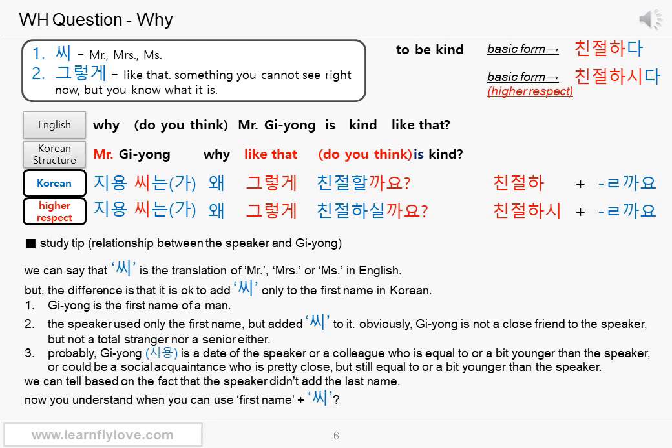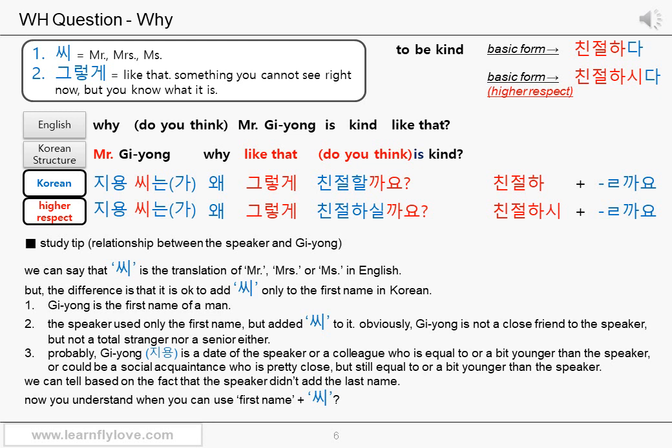Let's make a higher respect form then. It might not be appropriate to use 께서 for the subject Mr. Jiyoung. It seems like it, only because the speaker didn't add his last name, so it means he is neither much older nor has a socially higher position than the speaker.